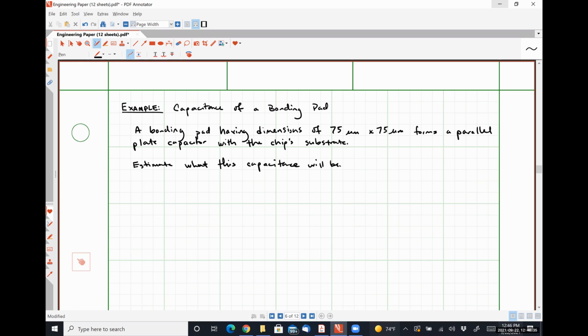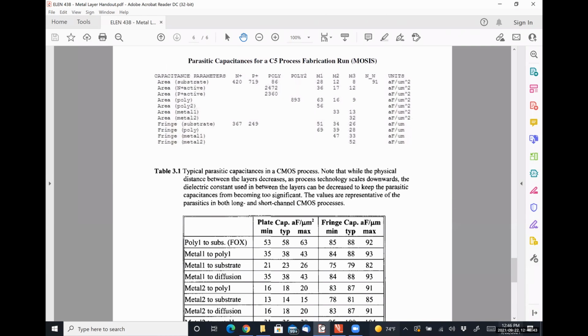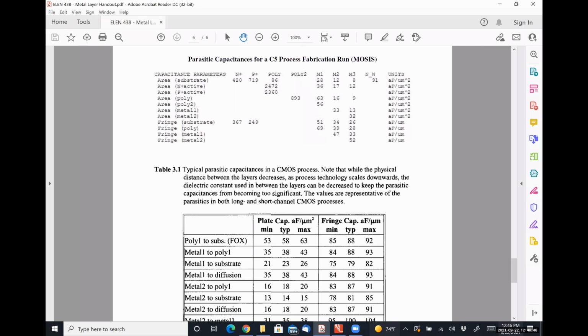So if we go over to our table here, which quantities from our table are we going to need to use? Let's start with a simple question, or what I hope is a simple question. What metal layer is our bonding pad on for our C5 process? Metal 3, the highest metal layer, right?